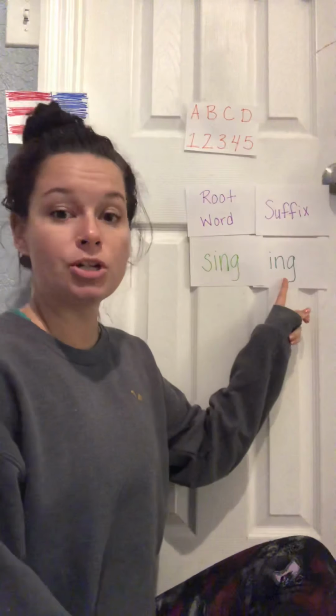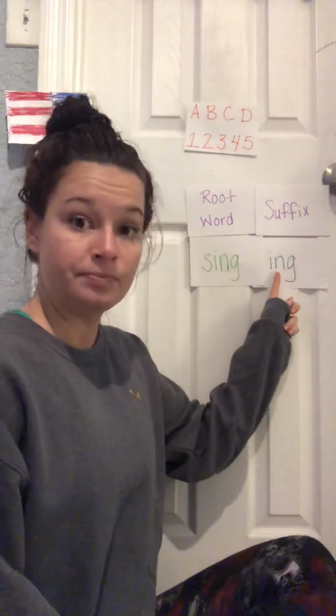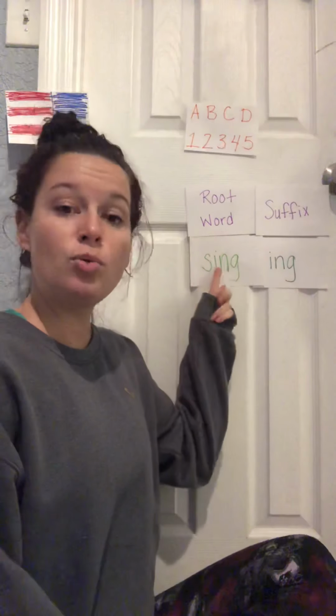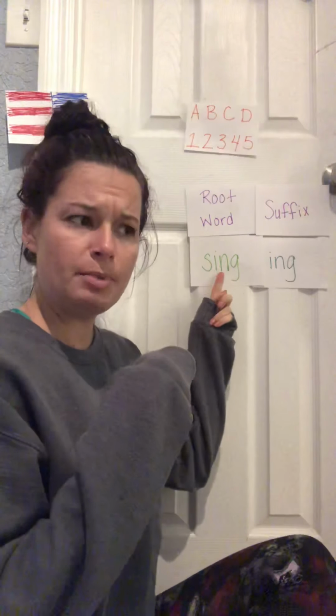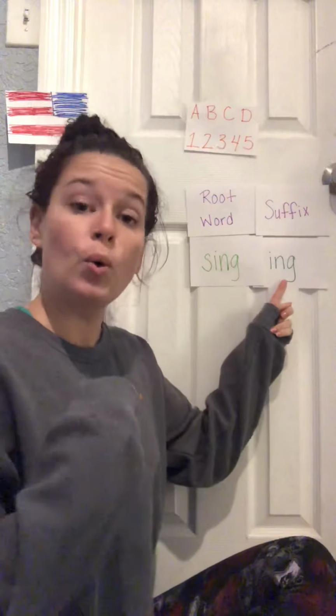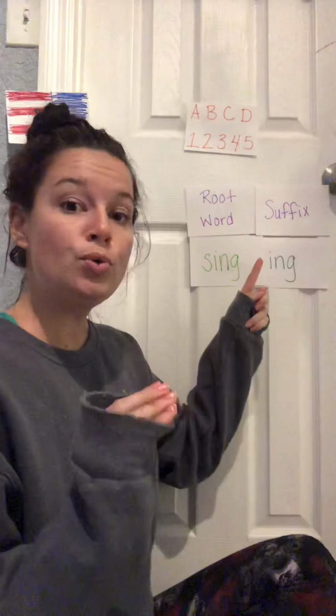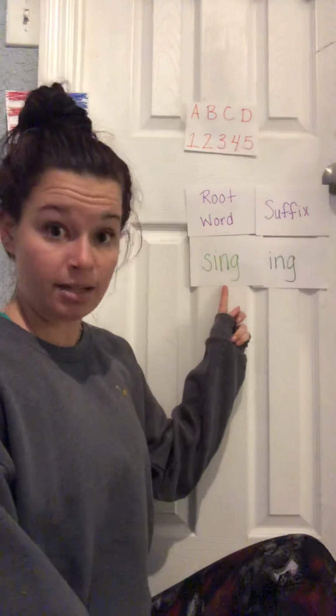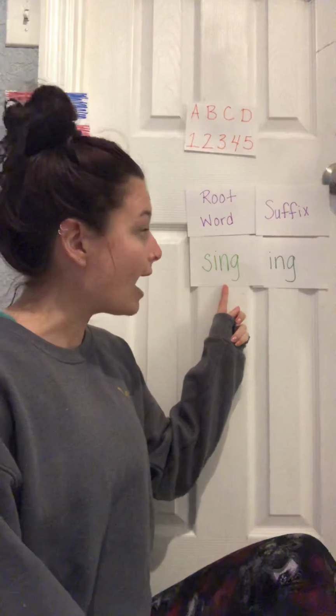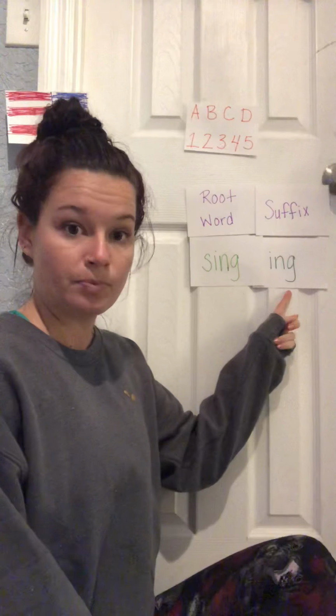So now our word turns to singing. Now you might be singing or listening to someone singing. Our root word is still the word sing, but we've added the suffix ing.